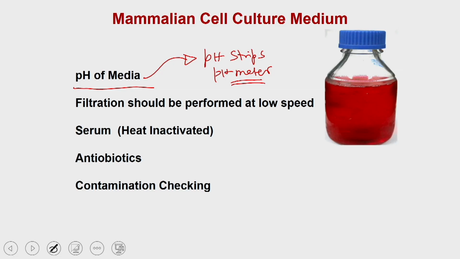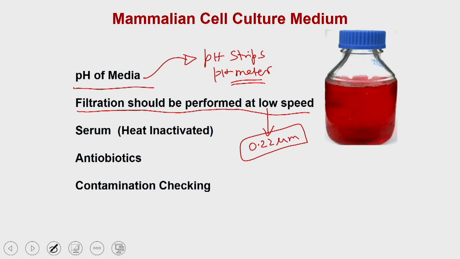Then you also have to do the filtration, as you might have seen that he was filtering the media with the help of a filtration system using a vacuum pump. The filtration should be performed at a very low speed. And why is it important? Because if you do very high speed filtration, you are going to compromise the pores of the membrane you are using.